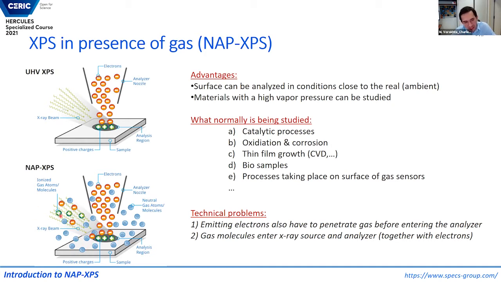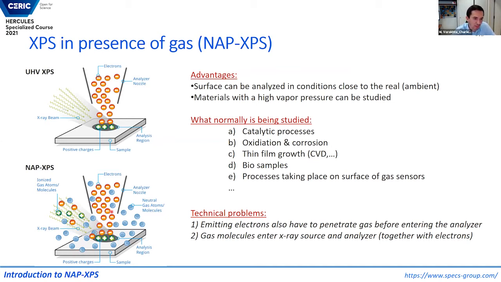The problem is that then you can have very big absorption of the beam by gas, and also you can have the absorption of the electrons which are leaving the surface, because as I said, before entering the analyzer, the electrons should penetrate this environment which is above the sample. And if the kinetic energy of the photoelectron is low, it means that the scattering is much, much more probable. So I will show this all on my next slides.